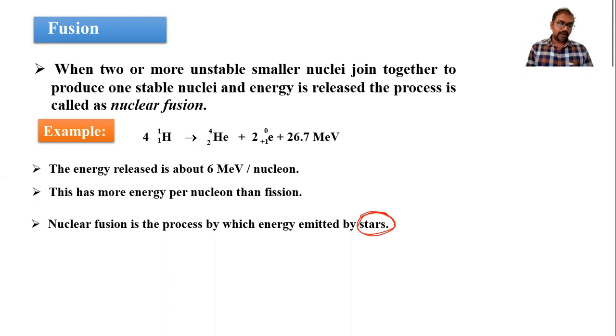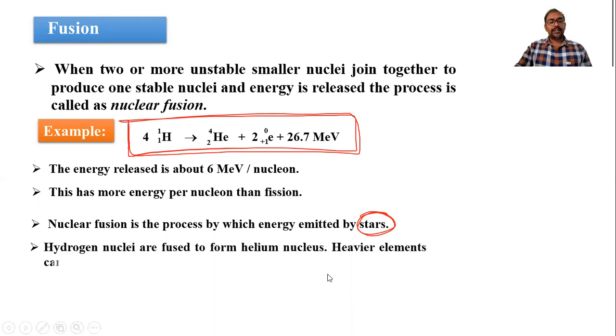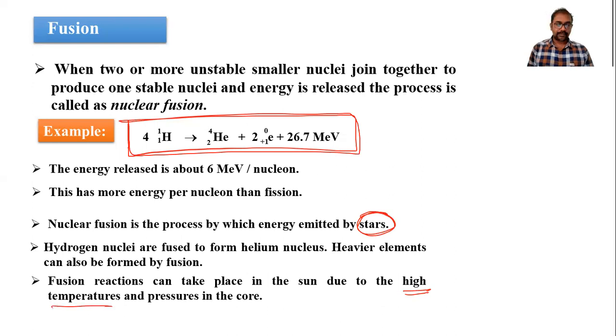This reaction occurs on the surface of the sun and we get solar energy. Hydrogen nuclei are fused to form a helium nucleus and energy is released. On the surface of the sun, high temperature is there, so note that to occur nuclear fusion, we require high temperature and pressure.